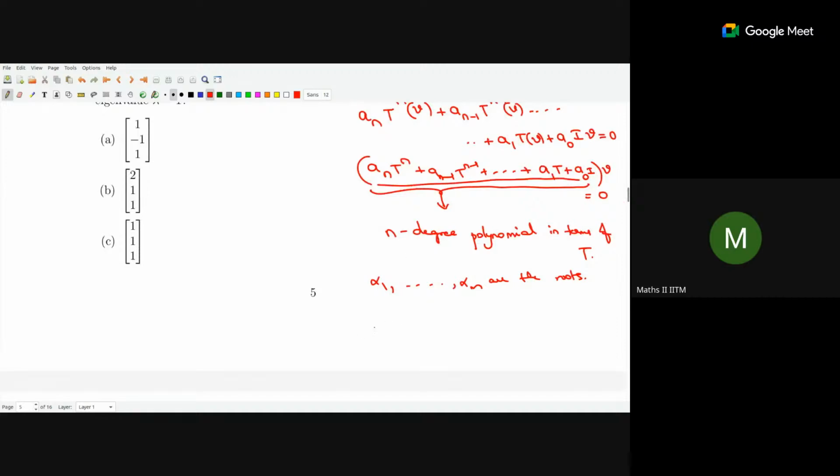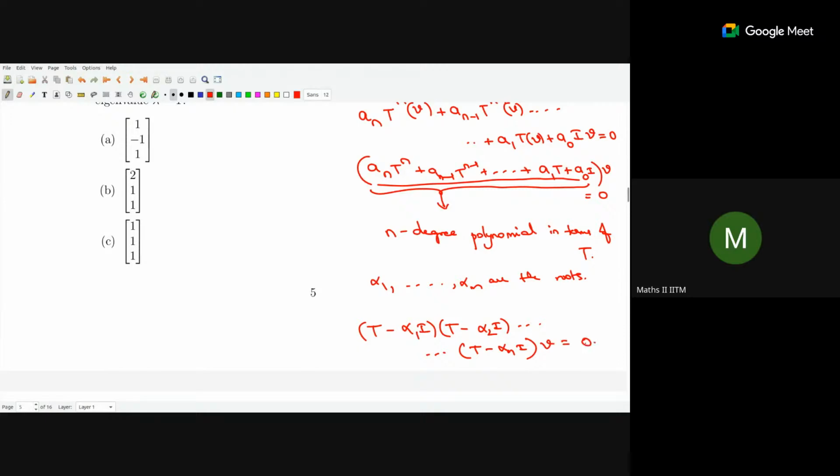If they are the roots, I can write it like t minus alpha 1 I times, there will be some powers, we don't need those powers, t minus alpha 2 I and so on, t minus alpha m I. This should be equal to this, and this times v should be equal to 0.